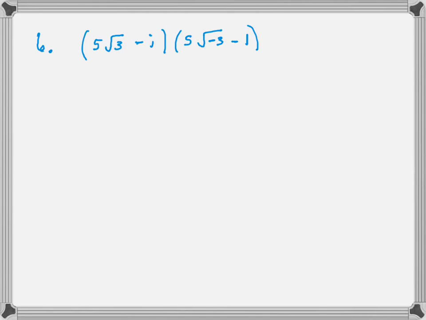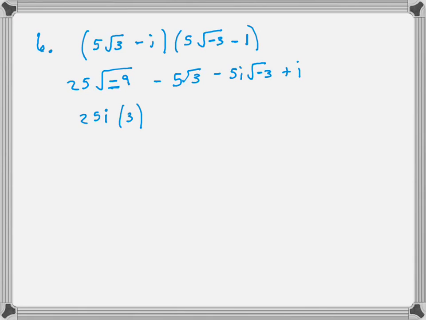So if we start factoring it through, we get 25 root negative 9 minus 5 root 3 minus 5i root negative 3 plus i. So now if we start simplifying this, you can get 25i, because you can pull out a negative out of the negative 9, times 3 for simplifying the root 9, minus 5 root 3 minus 5i squared, because we have a negative 3.